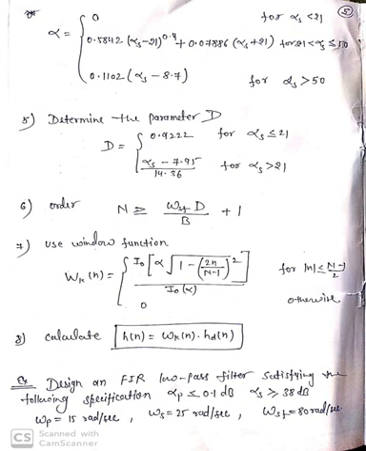This is the Kaiser window function. Finally, w_k[n] equals I0 of alpha times the square root of 1 minus (2n divided by (N minus 1)) whole squared, divided by I0 of alpha, for |n| less than or equal to (N minus 1) divided by 2, or 0 otherwise. And after calculating all the parameters, we calculate the final frequency response h[n], which is hd[n] multiplied by the window function.